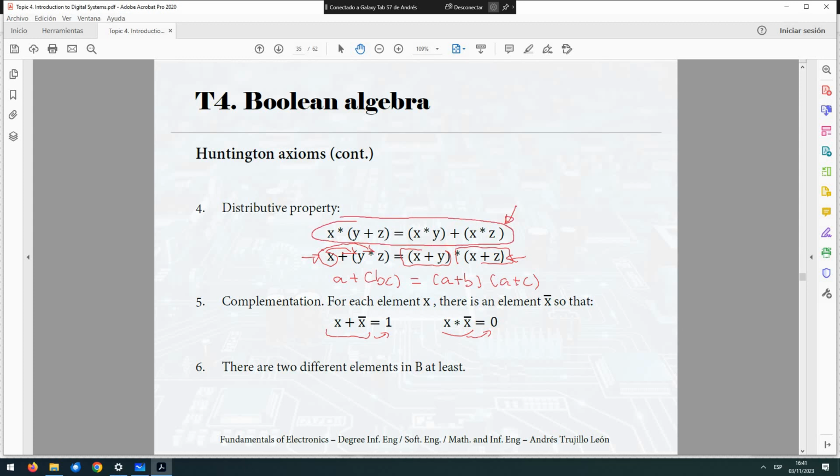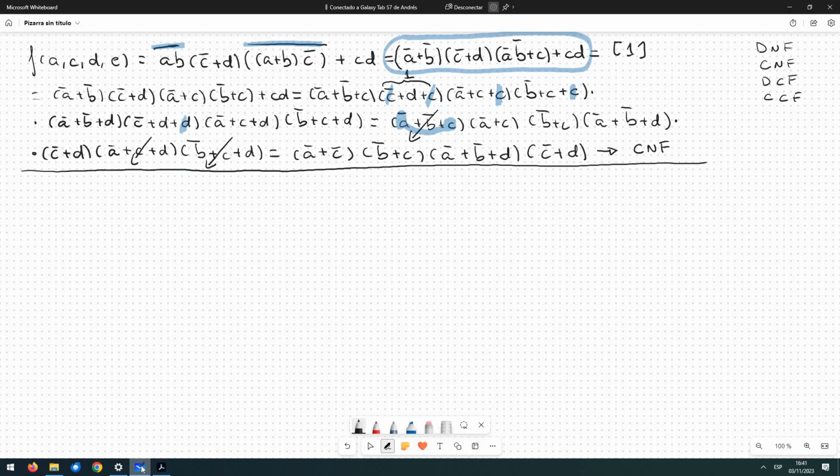And we can apply this distributive property to these products, for example. So we are going to start applying the distributive property to these products. So we are going to have this that is multiplied by the rest of the term.